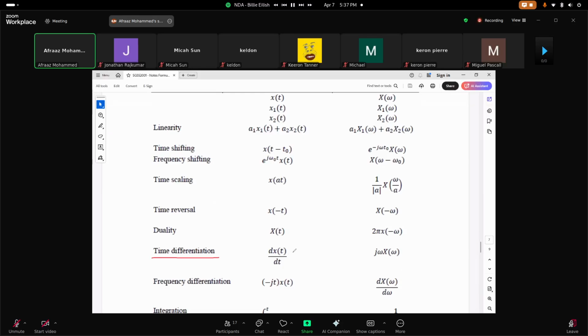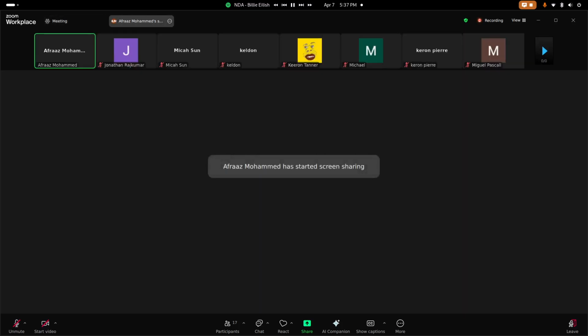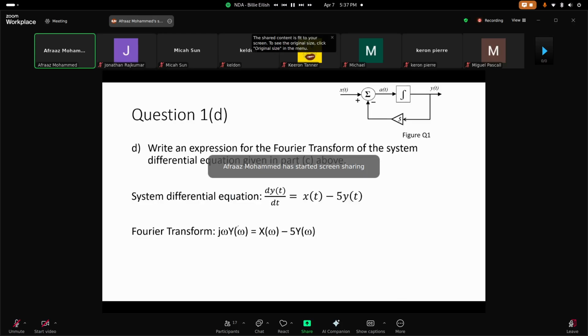You see the transform of dx of t dt is going to give you j omega x of omega. If we apply that to our question, we will get j omega y of omega.